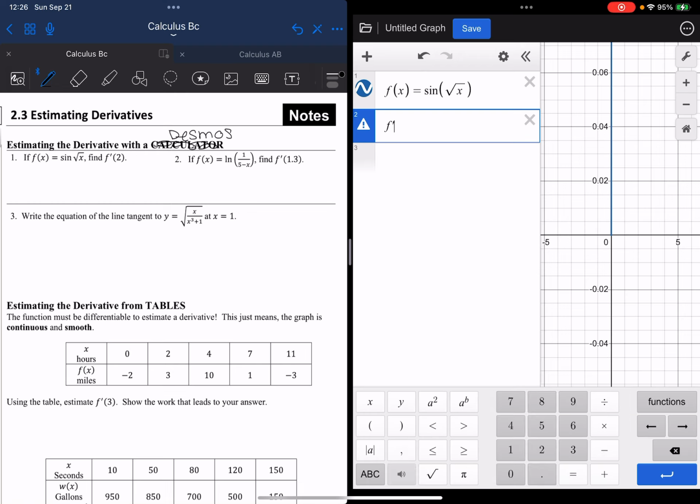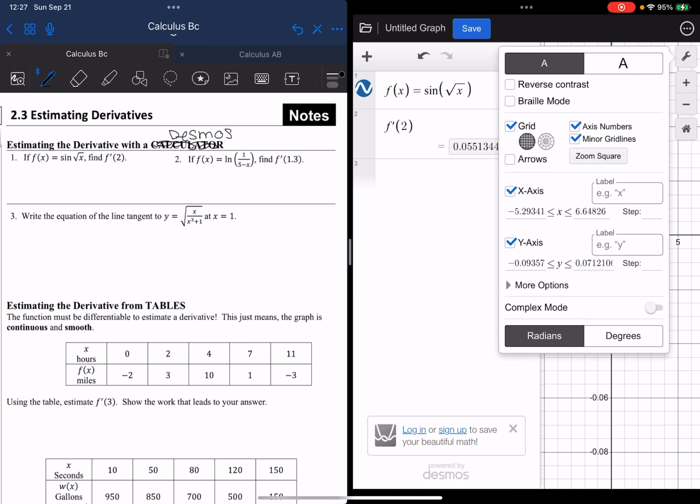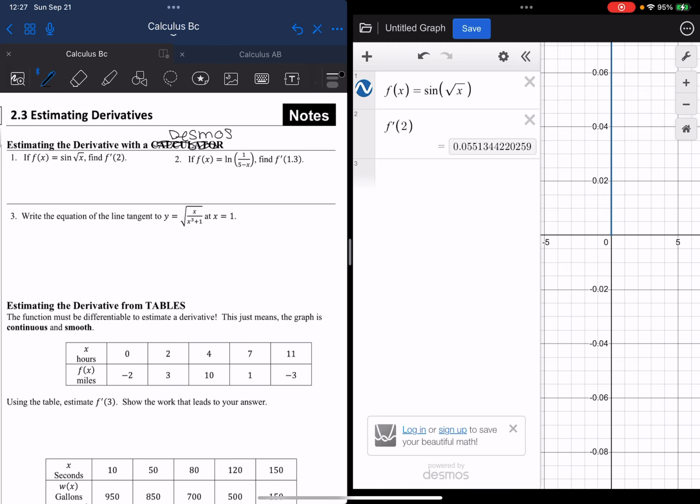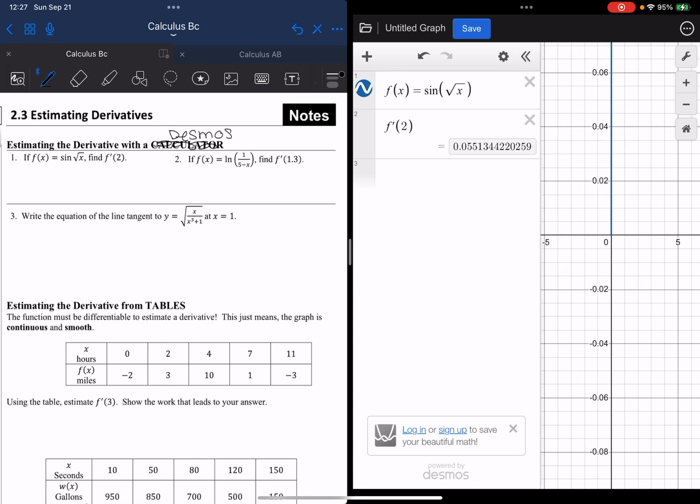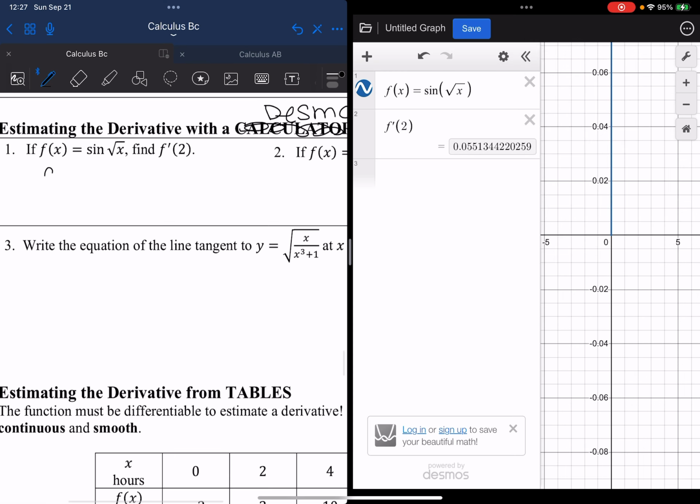There it is. And there is my answer. The only thing you have to be very cautious of is to make sure your Desmos is in radians. So off to the side where you see that little wrench, if you click on it and you scroll down, you see that mine was in radians right here. Okay, so the answer that I got for this is that f prime of 2 is equal to 0.0551.